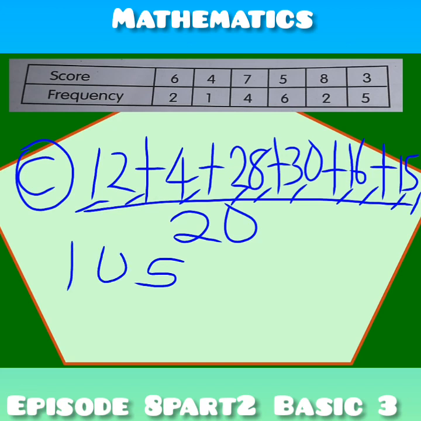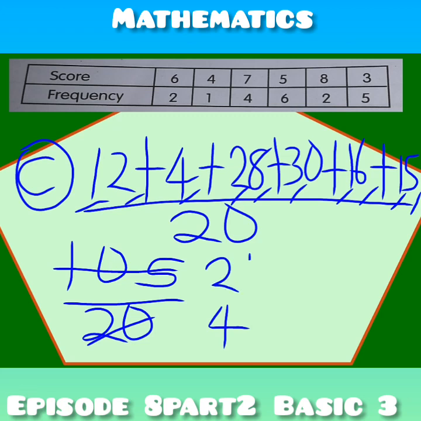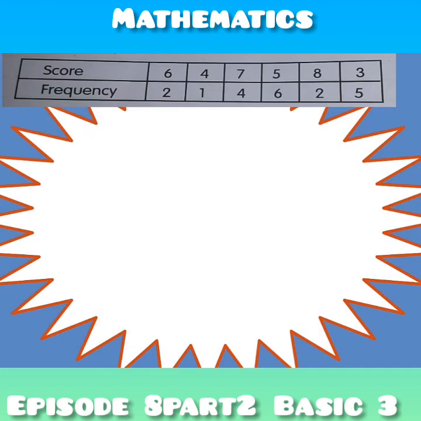So we have 105 divided by 20. 5 goes into 105 is 21. 4 goes into itself, 1 goes into 20. 5 remainder, 1 over 4. Therefore, this is the mean, the average of the scores.